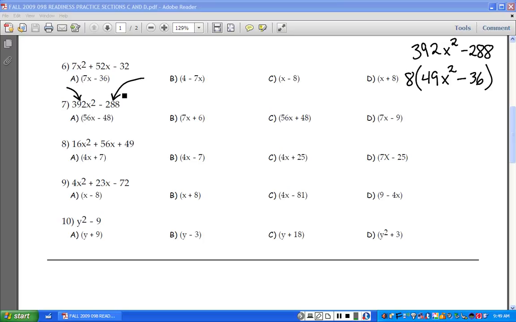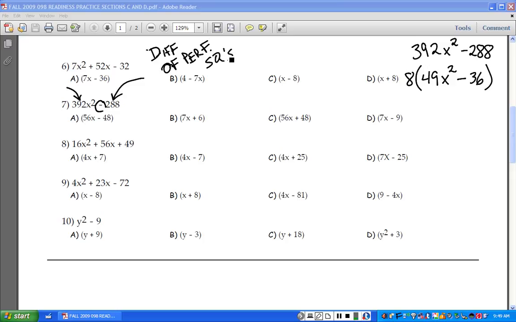Based on what we've learned for factoring binomials in this chapter, we know that as long as we have 2 terms and a minus sign in the middle, then what we're looking for is the difference of perfect squares.